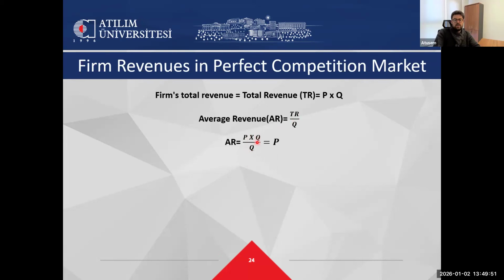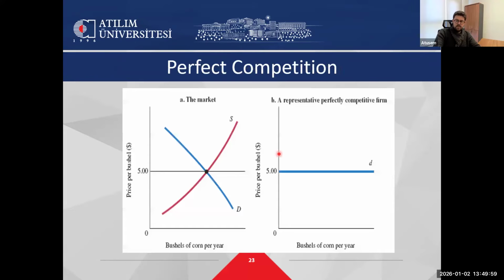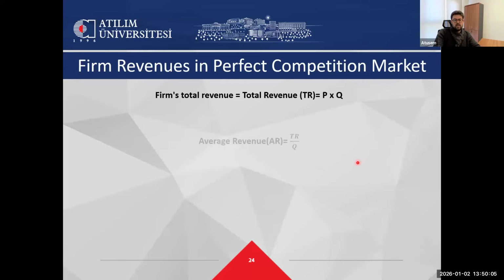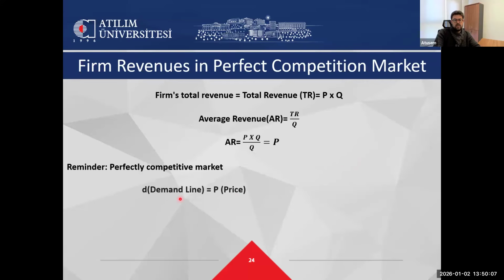We can cancel the quantity part, so average revenue equals price. And what did we find previously? Market price, or price, equals demand. In the first slide, demand equals price. Now we find price equals average revenue. These are the same. So demand equals price equals average revenue.